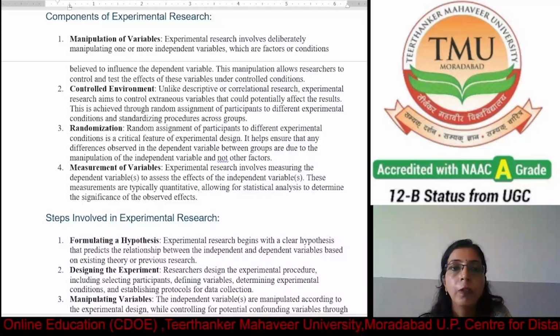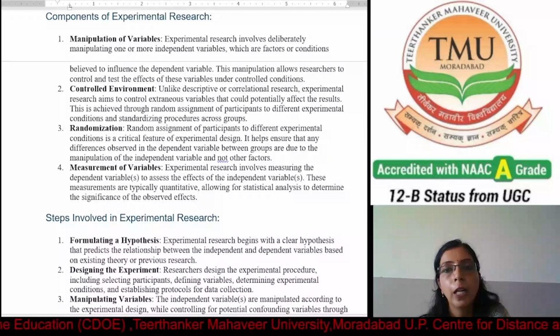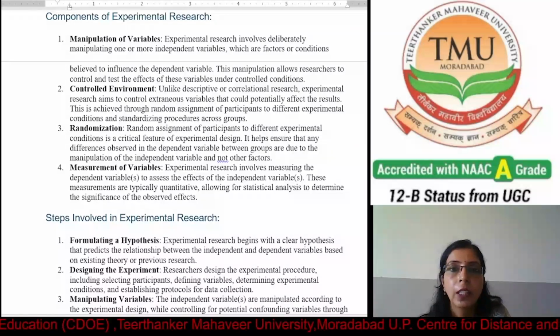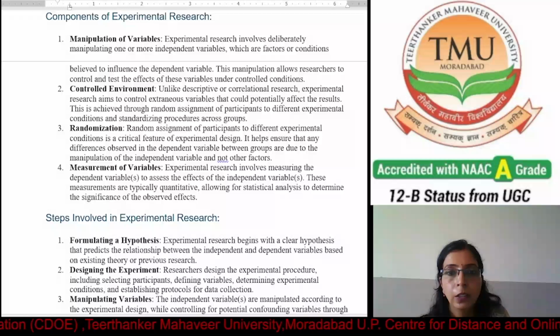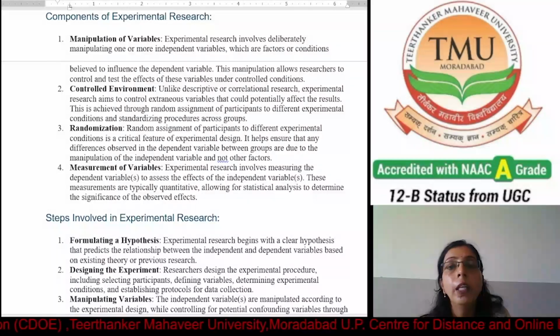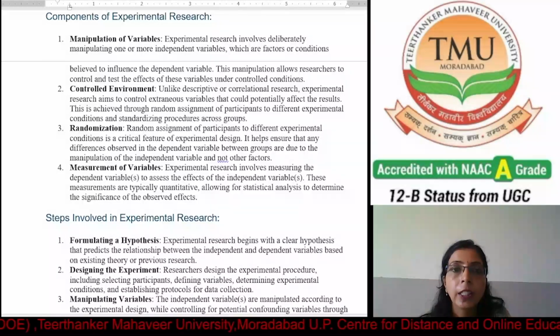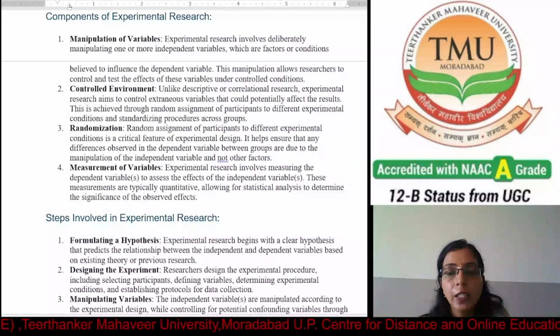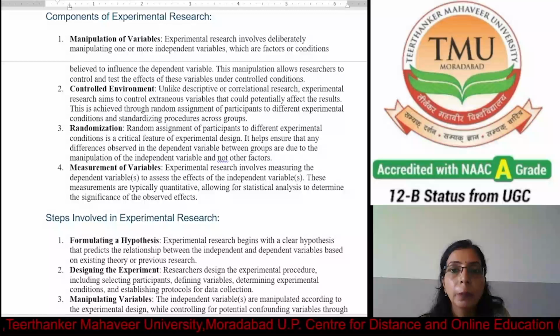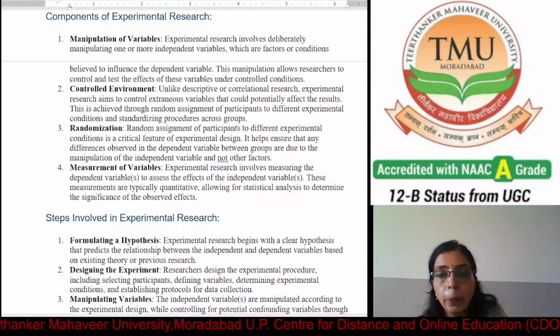In order to make valid generalizations from the experimental results to larger populations, the researcher must correctly identify the populations to which the result can be generalized accurately. For this, the researcher has to make a distinction between the experimentally accessible population and the target population.